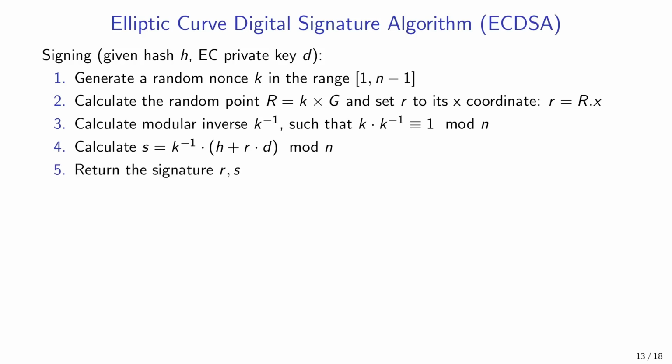The resulting signature consists of two values, r and s. r is the x-coordinate of this random point R here, and s is the value calculated using this formula. For a 256-bit curve, r and s will be a 32-byte value each, so an ECDSA signature will be 64 bytes in total.